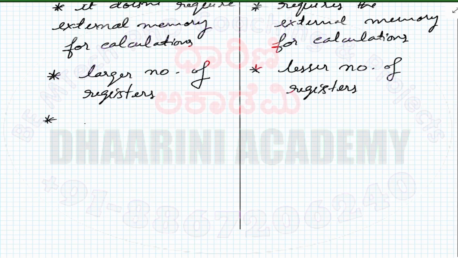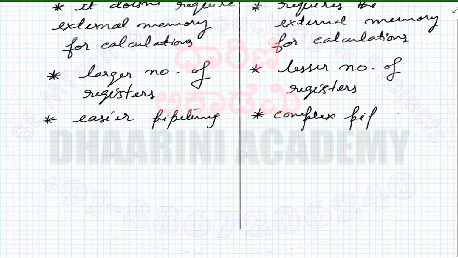Here in RISC, the pipelining implementation is easier, easier pipelining. On the other side, you have the complex pipeline.